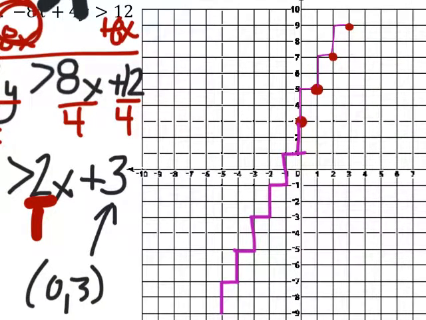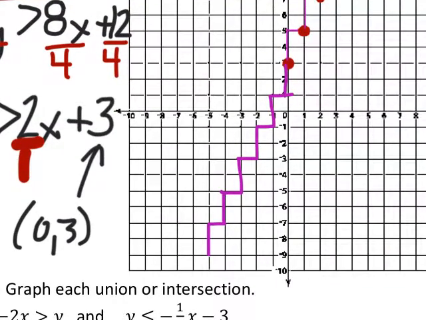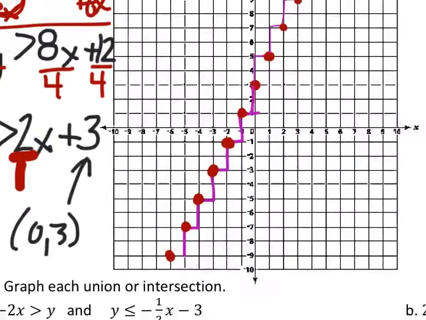Okay, so let's go ahead and make those points. Now the reason I'm making these points and not a line yet is because it's an inequality, so some of these actually may end up being dotted lines, okay? So there's all our points, and we can make a line on these.